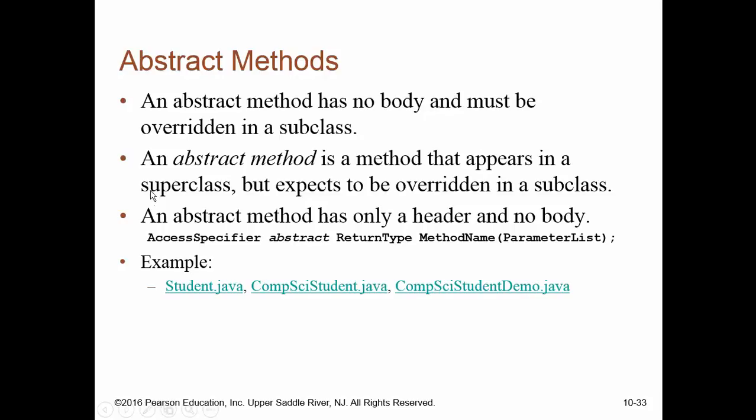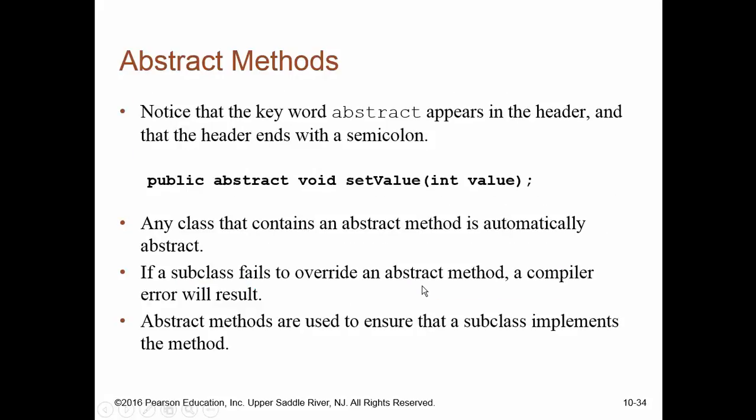So we'll look at this example that's in the book that talks about students, but I'm just not going to do it right now. All right? And it says there that if you create an abstract method like this, you don't put any body in it, so it looks like this. Any class that contains an abstract method automatically should be set up to be abstract. But it is totally legitimate for you to have non-abstract methods inside of an abstract class.